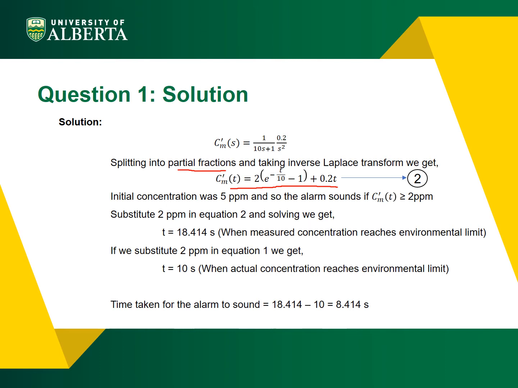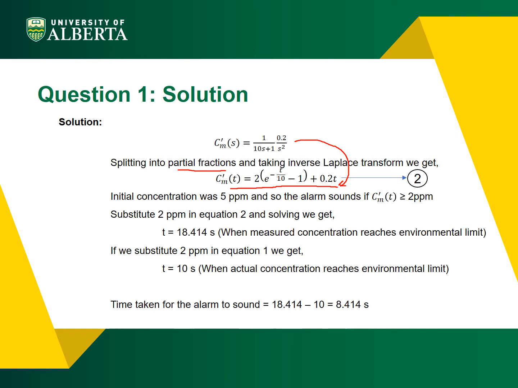So you get the measurement. Cm is the concentration measured by the sensor, and with respect to time, simplifying this, what I get here is this expression, and this shall be equation 2.